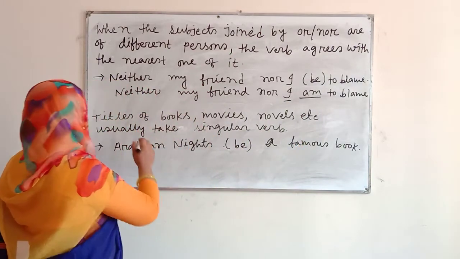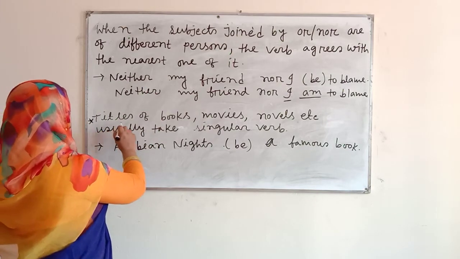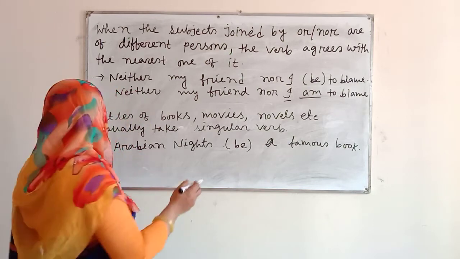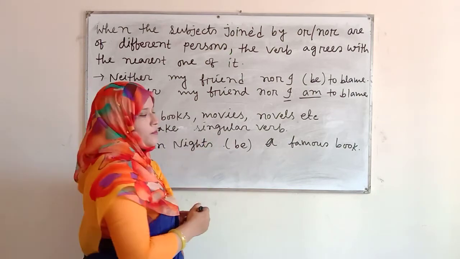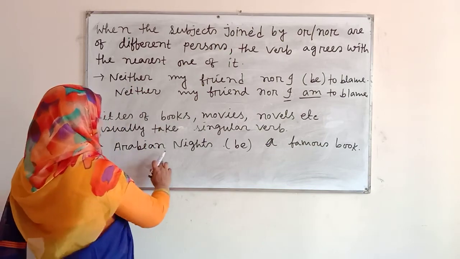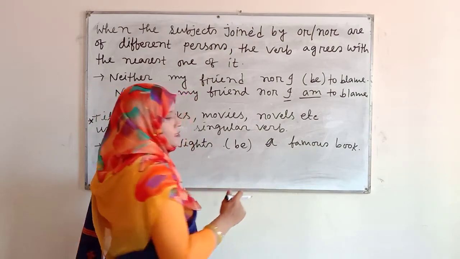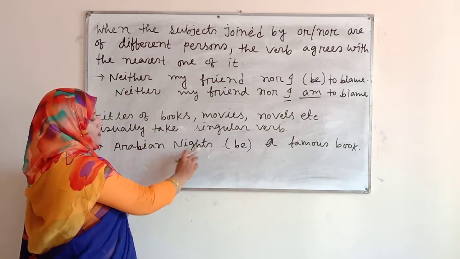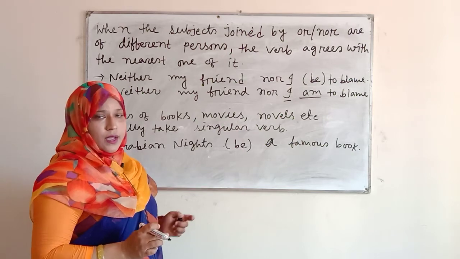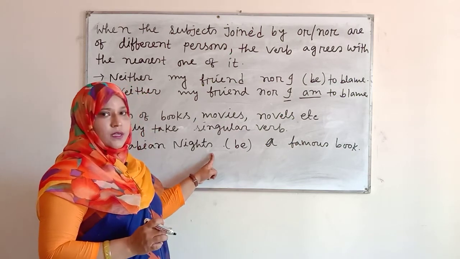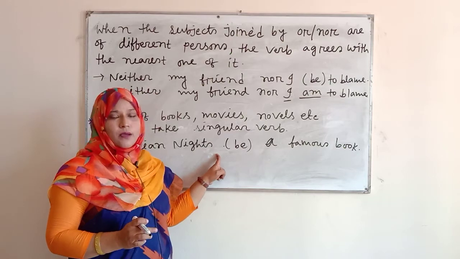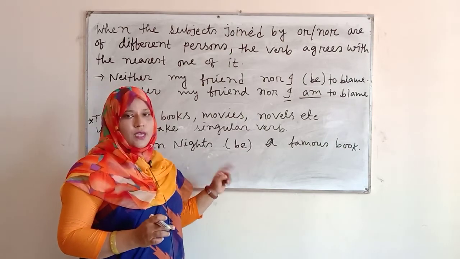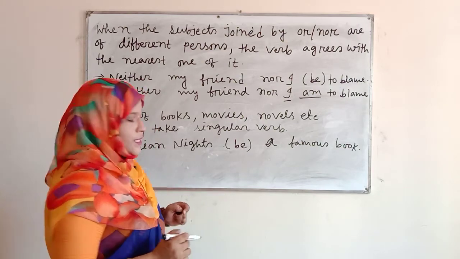Okay? Next one, our next rule, titles of books, movies, novels, etc. usually take singular verb. Example, Arabian Nights be a famous book. Learners, notice it, though here is s, Arabian not night, nights. Though there is s, but it is singular noun as it is the name of a book, so we use singular verb.